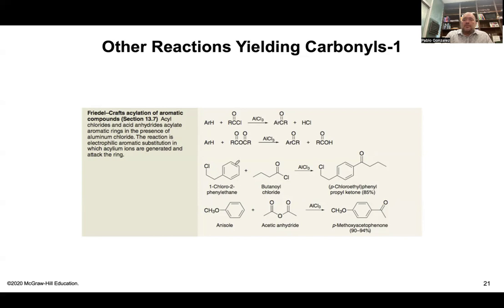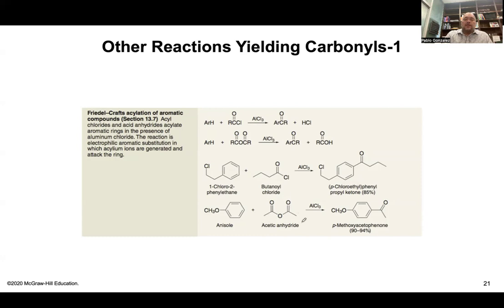So here we have, for example, 1-chloro-2-phenylethane in the presence of butanoyl chloride. This one is going to be attached to the carbon. It's a nucleophilic attack in here. There's a Lewis acid that is going to coordinate with the oxygen, making this carbon more electrophilic. And then this carbon is basically going to attack in here to make the substitution in that carbon.